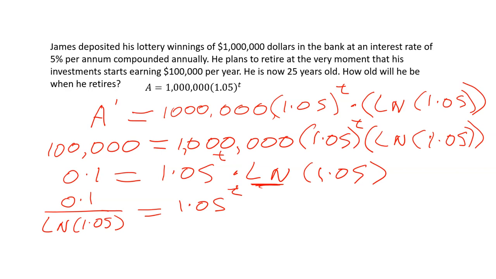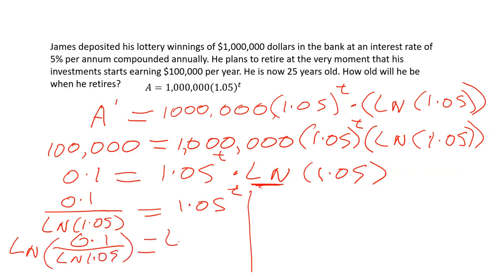I'm going to take the ln of the two sides of this equation. I'm going to take the ln of all of this, 0.1 over the ln of 1.05, is equal to the ln of 1.05 to the power of t.